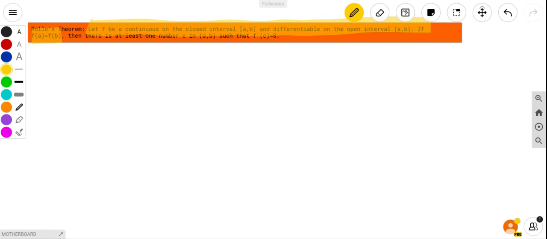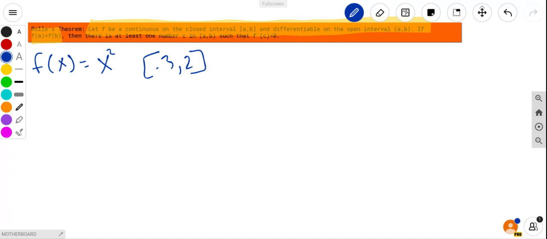So let's try it out with the example we just had, right? I let f of x be x squared, and I had the interval -3 to 2. Okay? So I know f of x is continuous because it's a polynomial, and it's differentiable because, again, all polynomials are differentiable. So that first part, that of the initial conditions, is still true. I need to make sure f of a is equal to f of b.